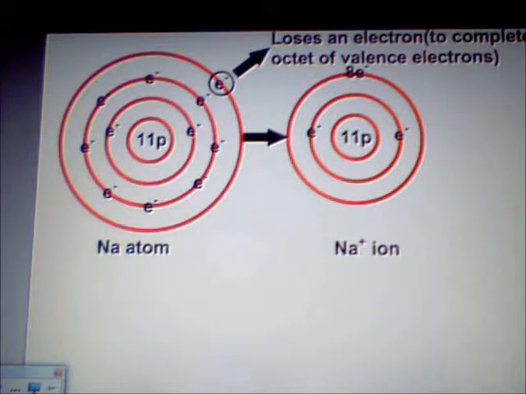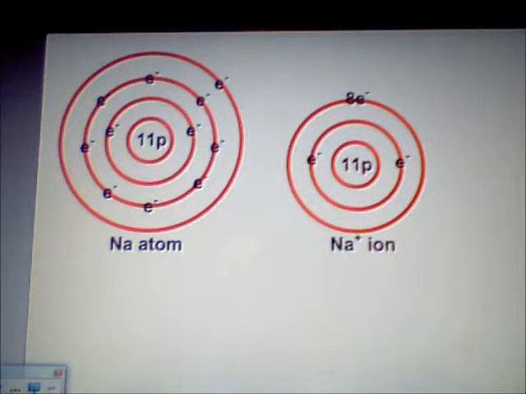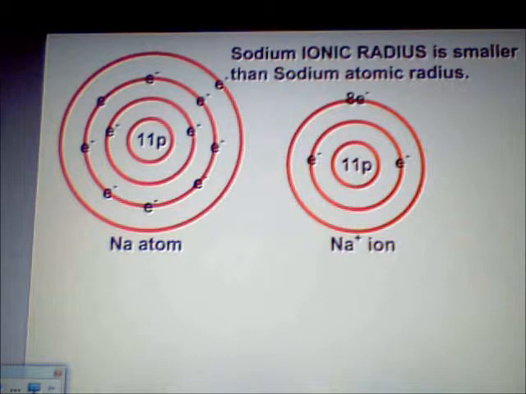So sodium becomes an ion now because it now has 10 electrons and 11 protons. So it has a positive 1 left over. Notice also what happened to the radius. The difference between the sodium atom and the sodium ion is that the ionic radius is smaller because it lost that 1 electron.